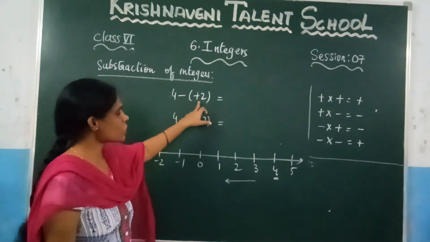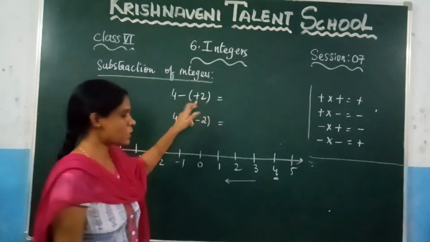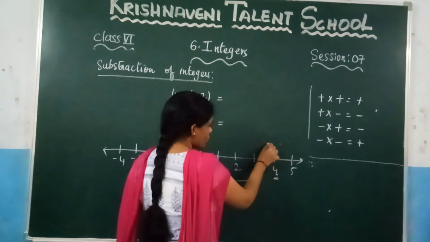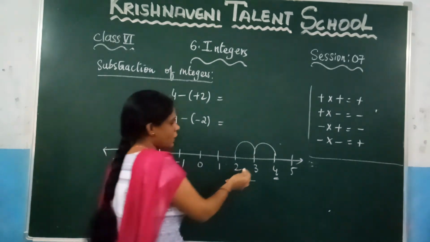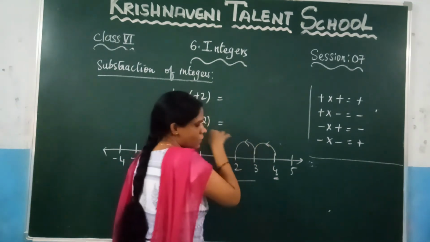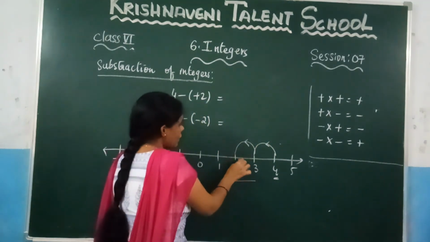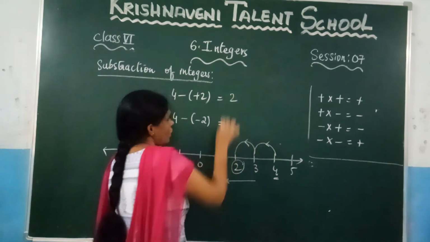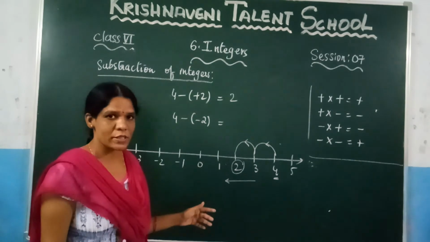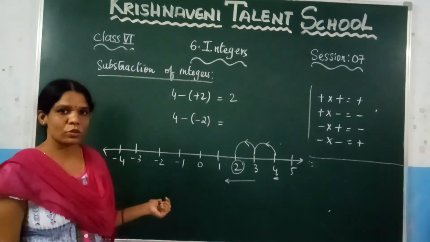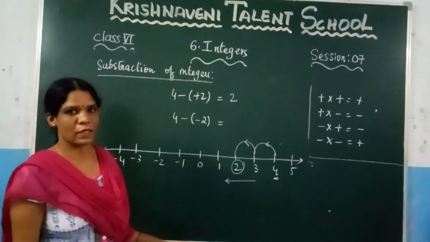How many steps do you need to move? 2 steps. Let us move these 2 steps, and since we are moving in this direction, keep arrow marks like this. What should be the answer? Which is 2. From this we can conclude that while subtracting a positive integer, you need to go to the left side of the number line.